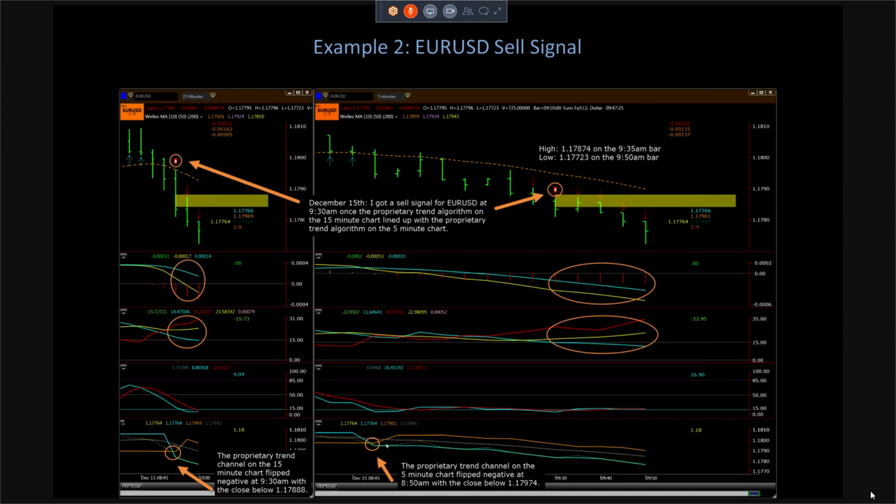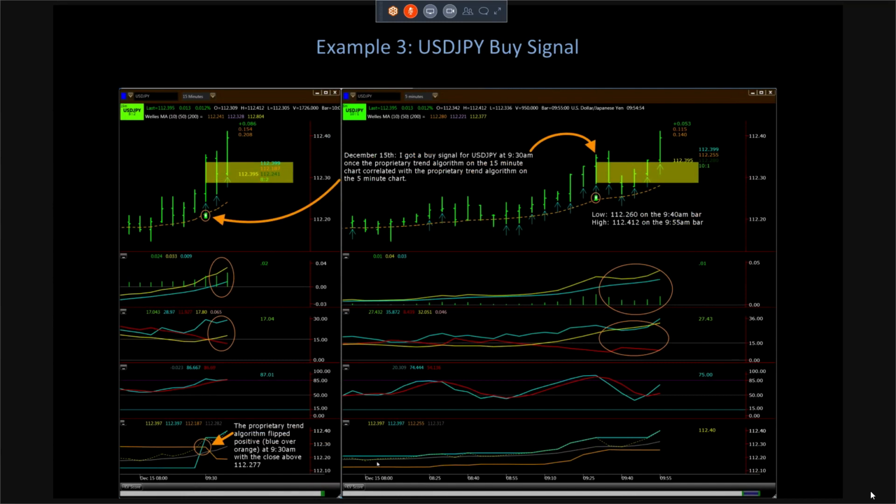Here is a dollar yen. The 5-minute time frame was positive, but the 15 was negative. This is called the disconnect. But when they correlated at 9:30, here's the buy signal. Dollar yen pushed down, and then actually ended up going up to 112.90 that day.